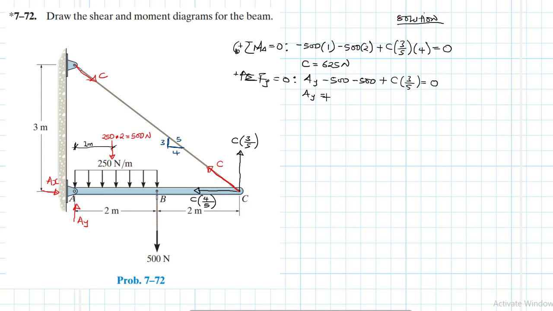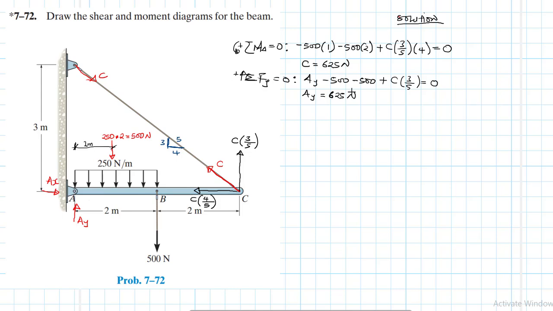So Ay is going to be equal to 625 also. Is that so? Let me see again. 625 plus 500, it's 1,000.